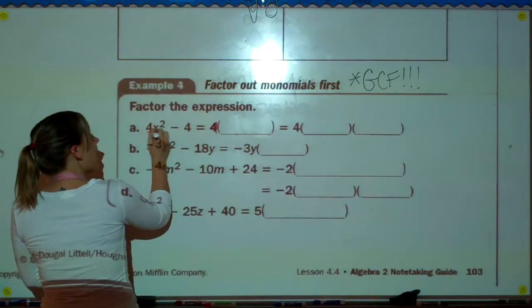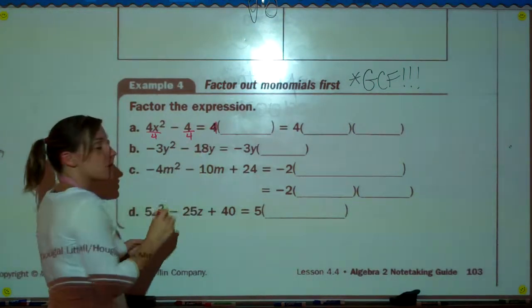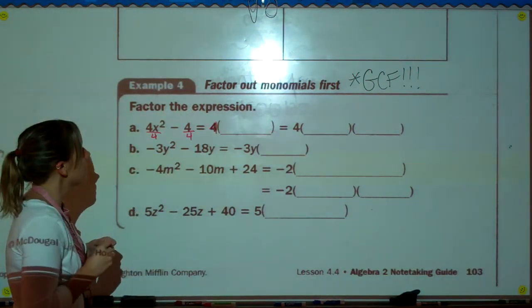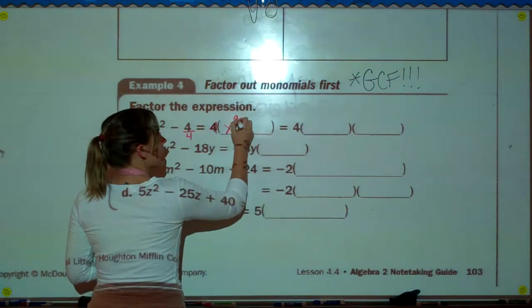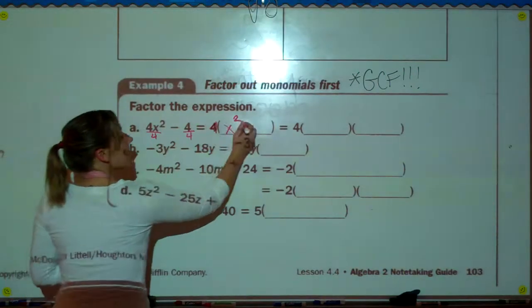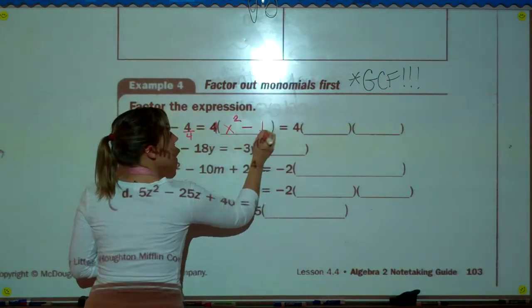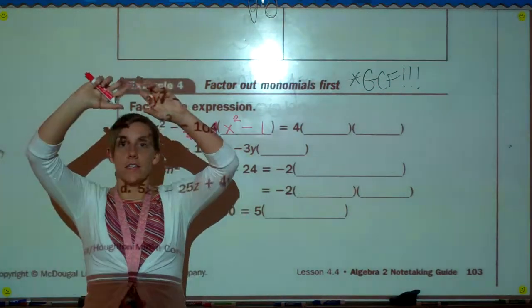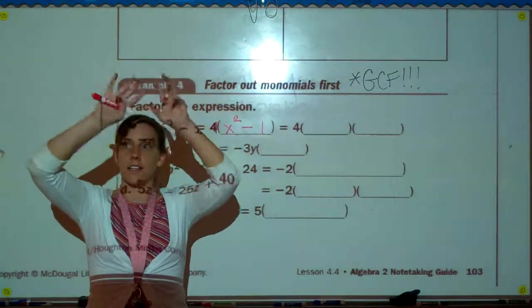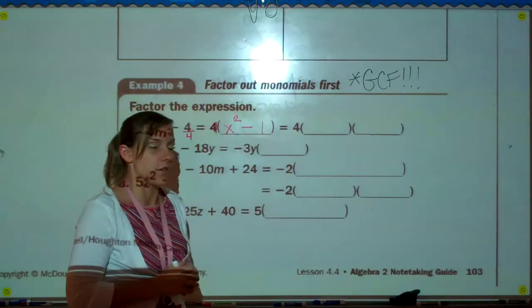So if I divide both of those by the GCF, which is what we did when we were dividing, 4x squared divided by 4 is just x squared, minus 4 divided by 4 is 1. Okay? So the first thing we did was GCF. On that flow chart, that's the very first thing. That's that like big star or burst or whatever, okay?